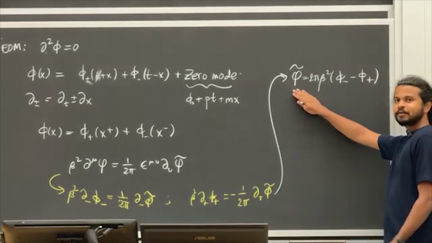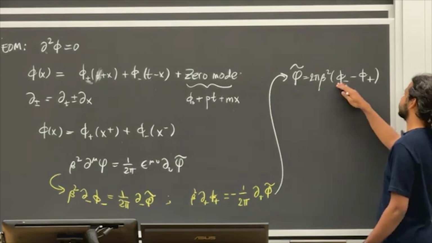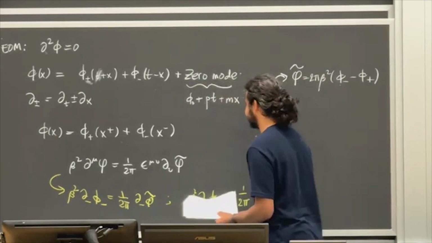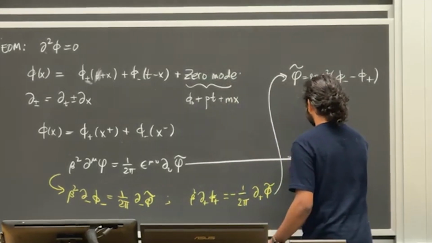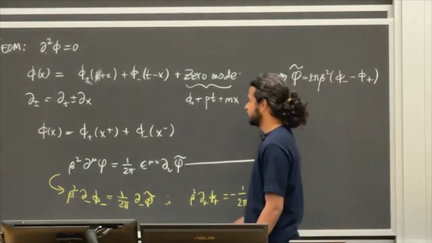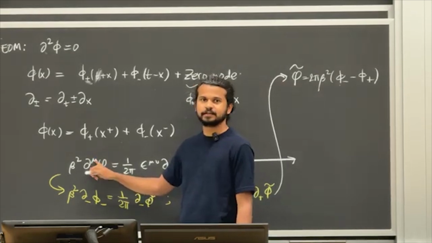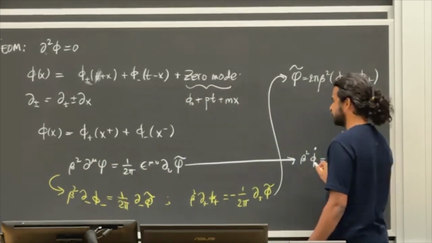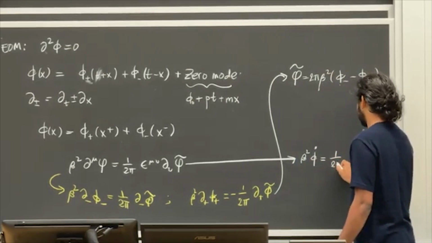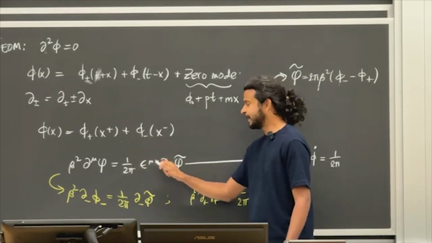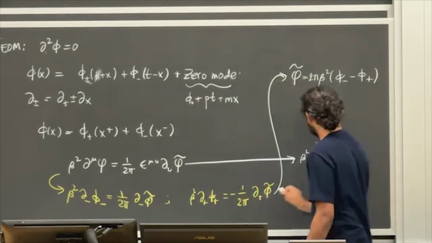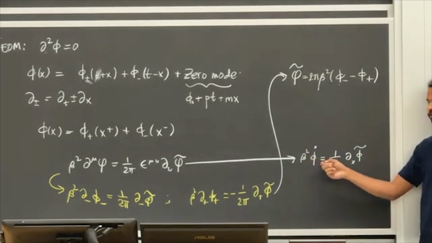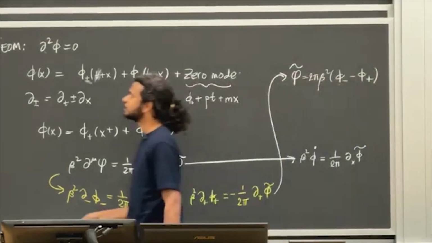Why are we so keen about writing phi tilde in terms of phi plus and phi minus? The reason is again this equation. From this, if I put mu equal to t, I have beta square phi dot is equal to 1 by 2 pi epsilon tx, which is 1, dx phi tilde. But beta square phi dot is something that's familiar.